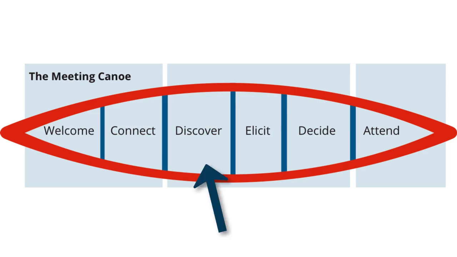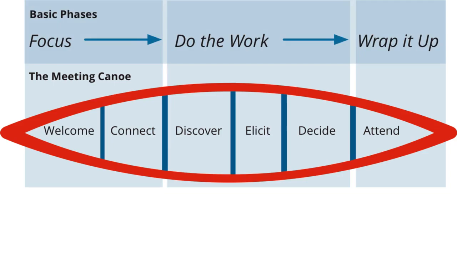In the discover step, the group discusses the current situation to make sure they all have the same understanding. Then they elicit ideas about what they'd like to see happen, after which they decide on specifics. The last seat on the Meeting Canoe is reserved for the rep. Now you can see how the 6 sections of the Meeting Canoe line up with the 3 basic meeting phases.